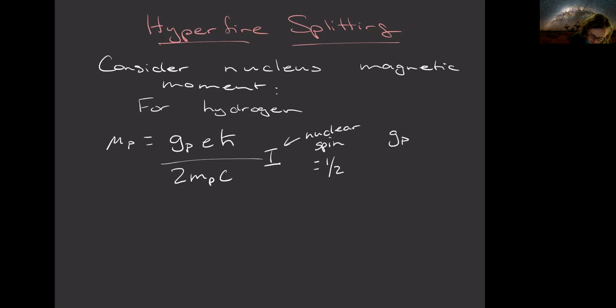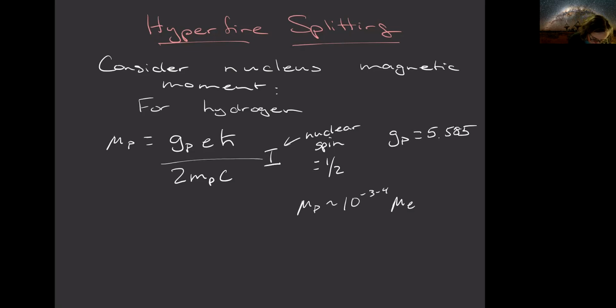And the Landé g factor for a proton is about 5.585, so that doesn't contribute much, but we find that the magnetic moment of a proton is on the order of 10 to the minus 3 to 4, the magnetic moment for the electron. So it's a much smaller effect that is going to take place here. But nonetheless, it is an effect.